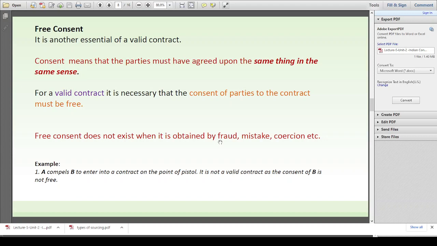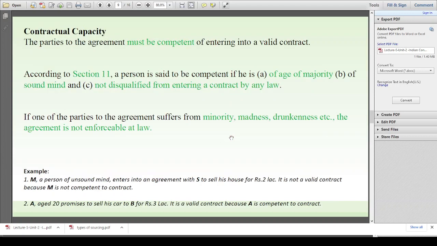Whether it is the offerer or the offeree, it doesn't matter. Both the persons should enter the contract voluntarily, right? So there won't be any force or fraud or coercion that compels them to enter into a particular contract.